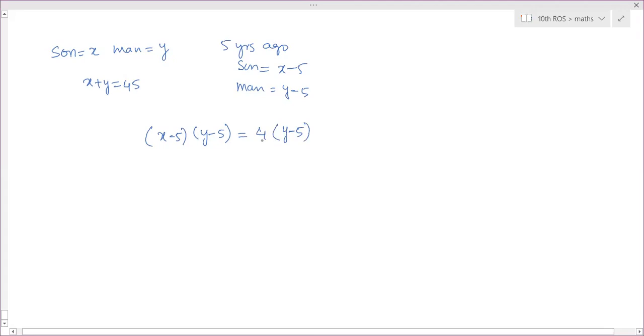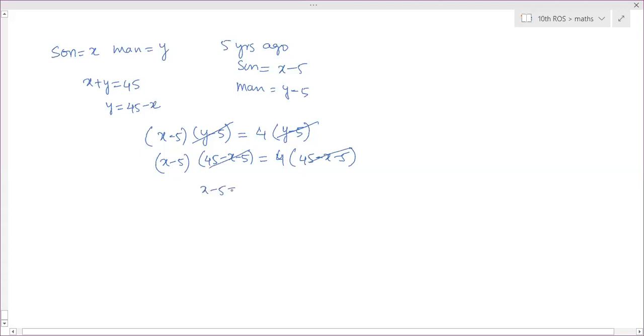Now y is equal to 45 minus x. So x minus 5 into y, that is 45 minus x minus 5, is equal to 4 into 45 minus x minus 5. Ma'am, in the first step, you can just cancel y minus 5 and y minus 5. Yes, here itself we can cancel, right?